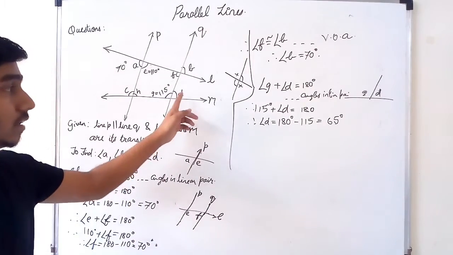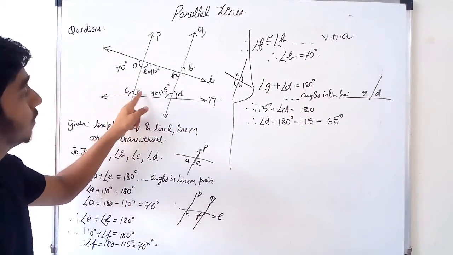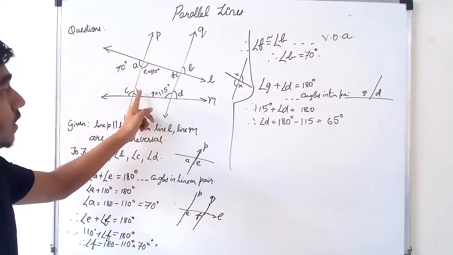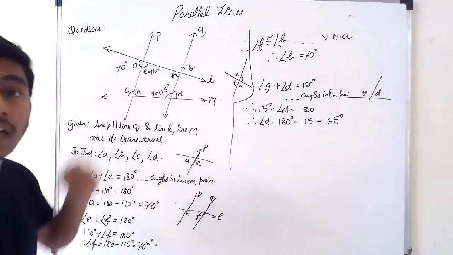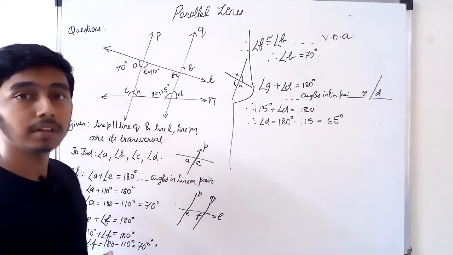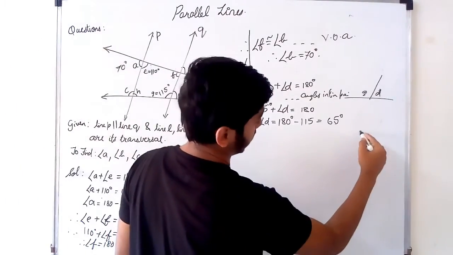Now after finding D, we have to find C. But before finding C, we need to find H also. Yes or no? So, can we say H and D are congruent? Or can we say G and C are congruent? If you think about this.